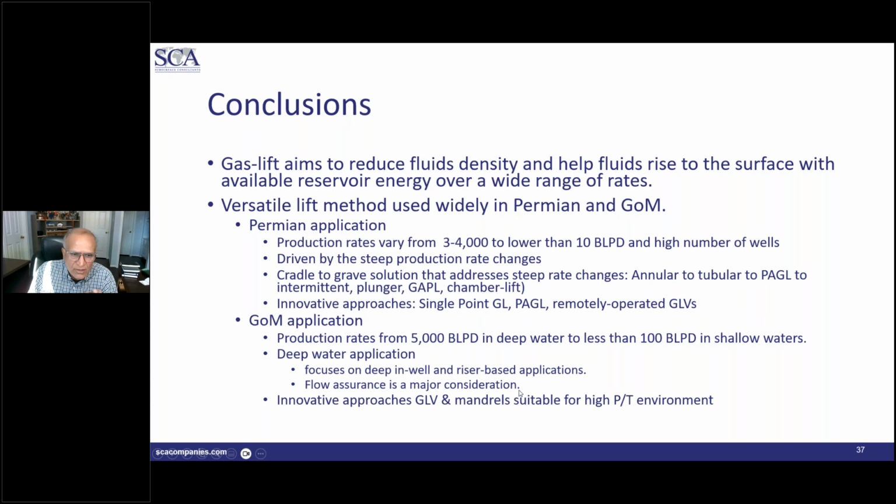But deep water is where there are issues related to not only higher pressure and temperature, but also flow assurance. So special gas lift valve mandrels that can meet the barrier specifications and the longevity requirement have been developed.